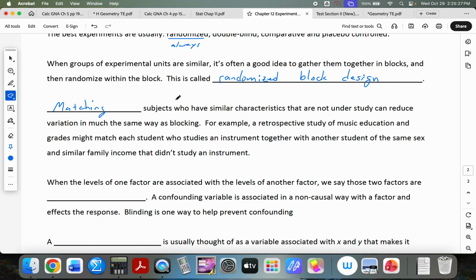That way, those other factors that may contribute to the outcome, well, those factors were the same for these two people. Right? So it could be that you take all of your subjects and you match them, and then you randomly decide which one is going to have the treatment applied and which one is not. Okay, I usually think of it as medicine, but it could be any kind of a treatment. Okay, in this case, the treatment is playing an instrument.